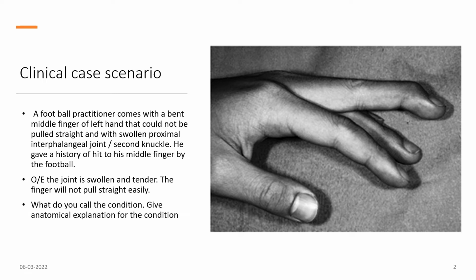There is swelling of the proximal interphalangeal joint, the second knuckle. He gave a history of a hit to his middle finger by the football. On examination, the joint is swollen and tender. The finger will not be pulled straight easily.